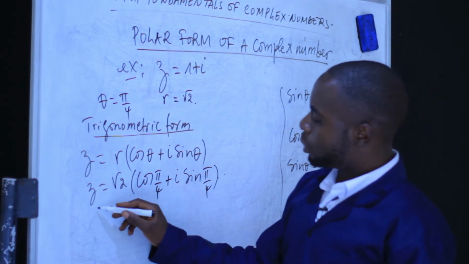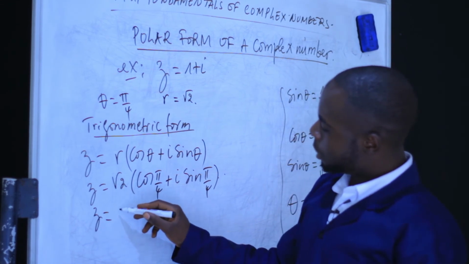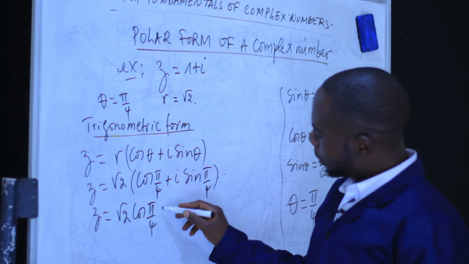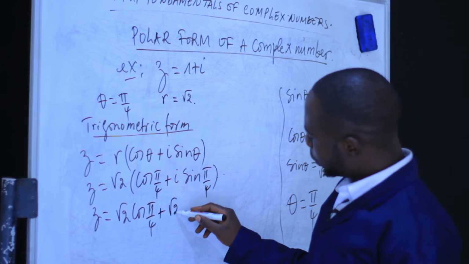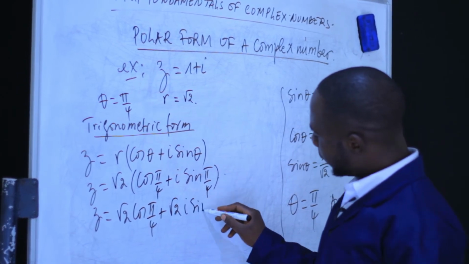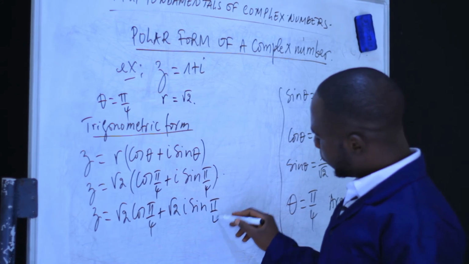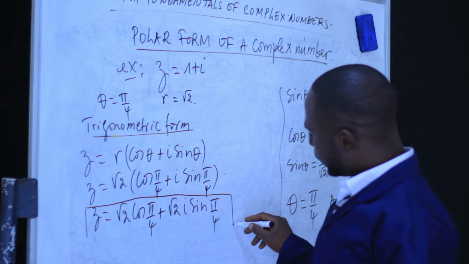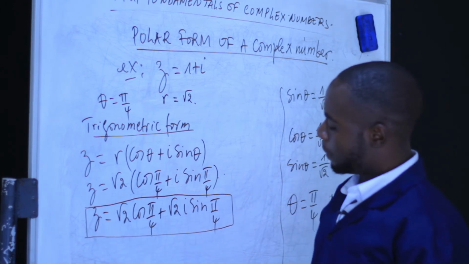This is z, which is the square root of 2 cosine pi over 4 plus the square root of 2 i sine pi over 4. This is the trigonometric form of a complex number.